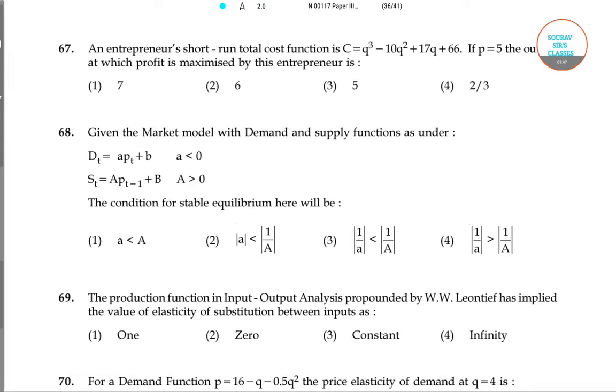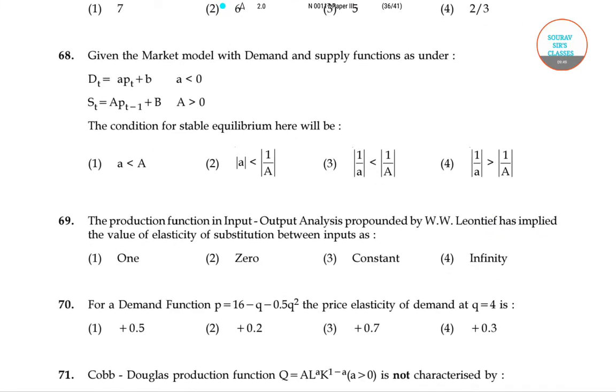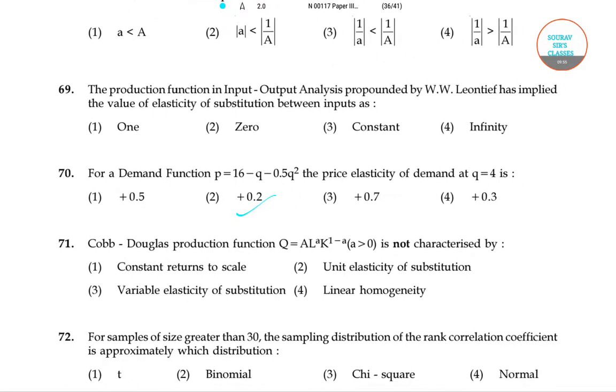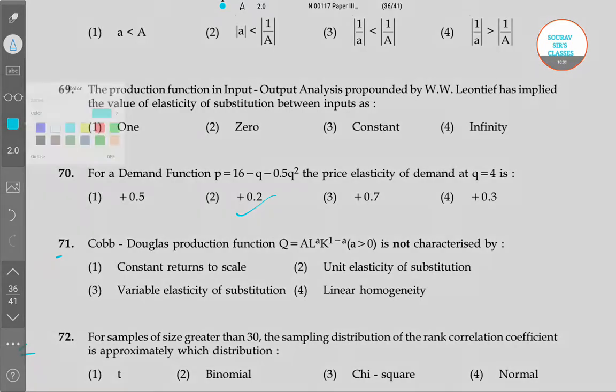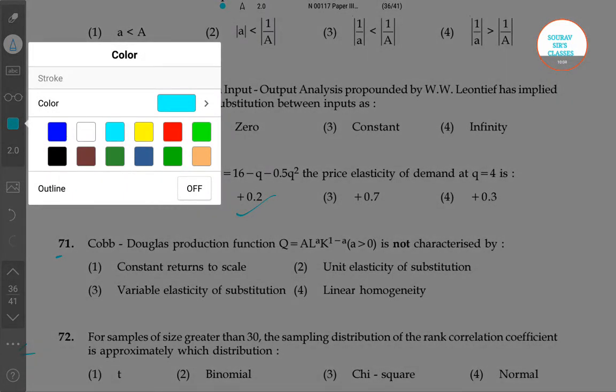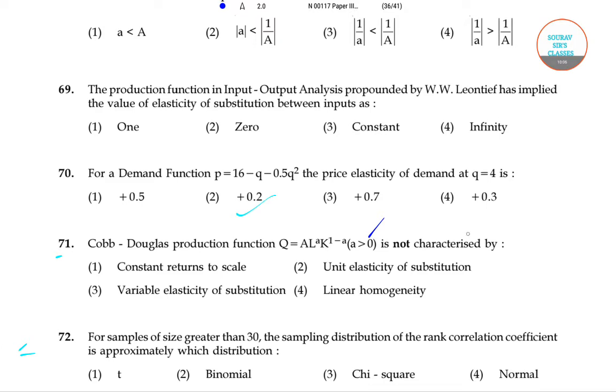In the question there were a couple of options given, out of which we know the right answer is 0.2. Now we'll go to the last question of this video, which is question number 71. In question number 71, it is given the Cobb-Douglas production function is not characterized by, and 4 options are given: constant returns to scale, unit elasticity of substitution, variable elasticity of substitution, and linear homogeneity.